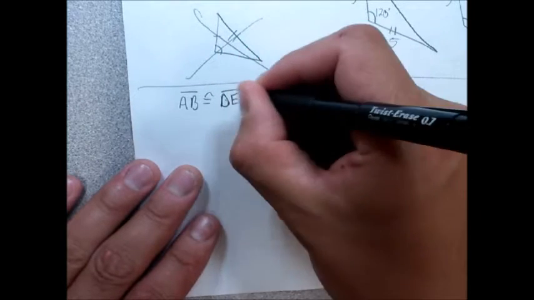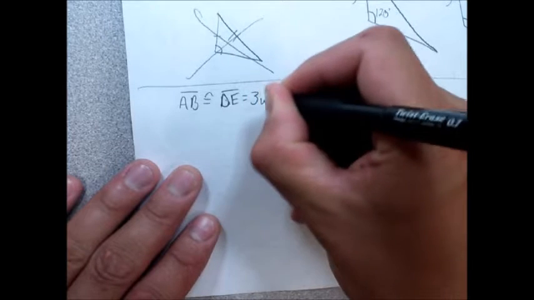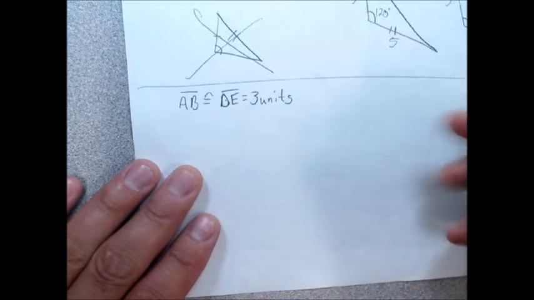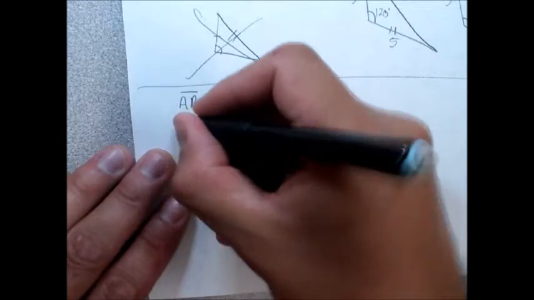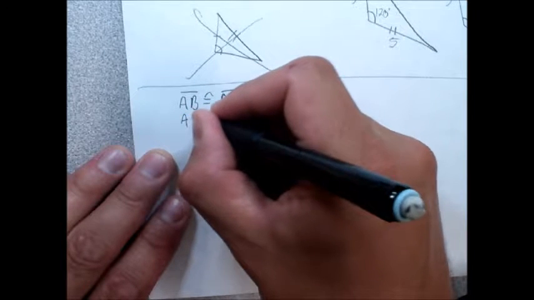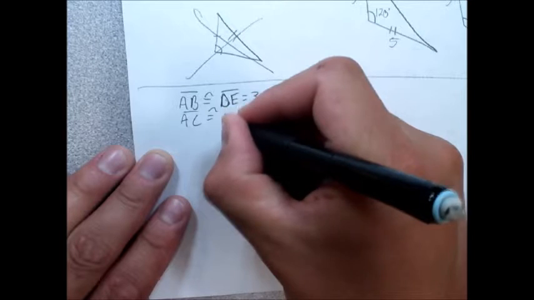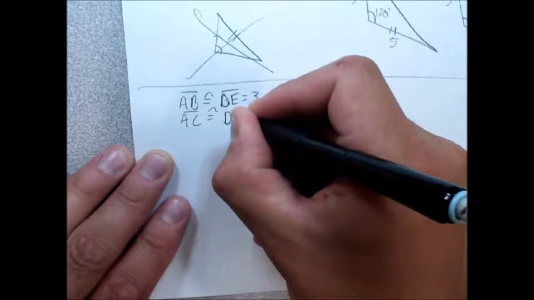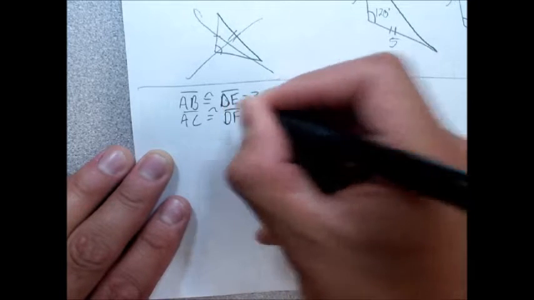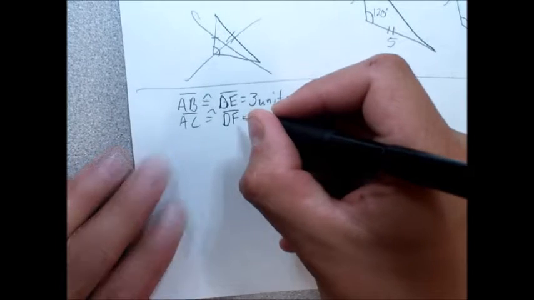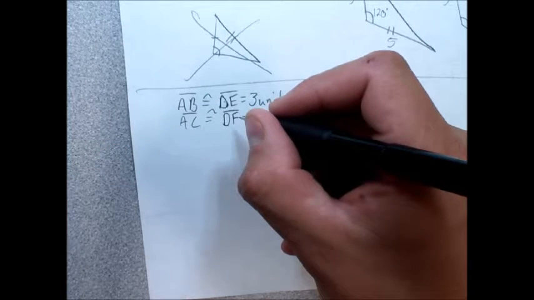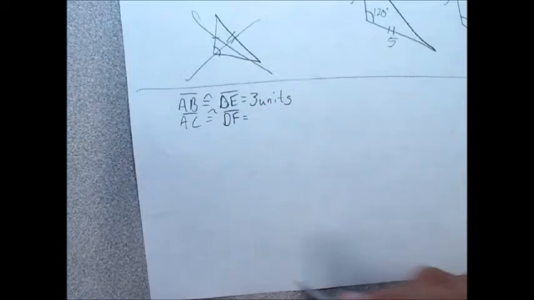And if I actually read how long those were, it was 3 units. Okay? Then the other one that we knew, it was AC is congruent to DF. And that, if you actually counted it, was 1, 2, 3, 4, 5?